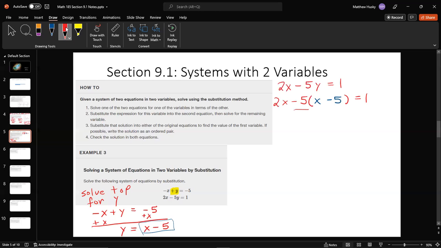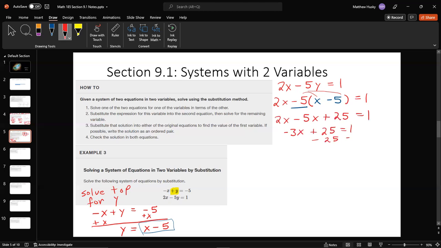When you do this, you're going to want to do the distributive property. The negative is attached right there. So if we do this, this is going to give you 2x minus 5x. Negative times negative is plus 25, and that all equals 1. 2x minus 5x, that is negative 3x, plus 25 equals 1.